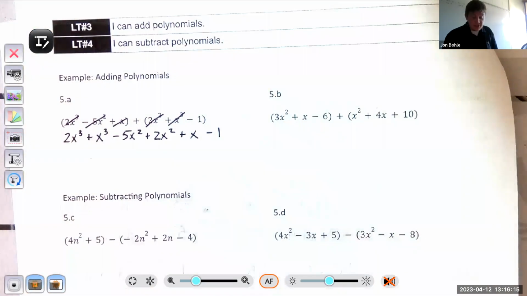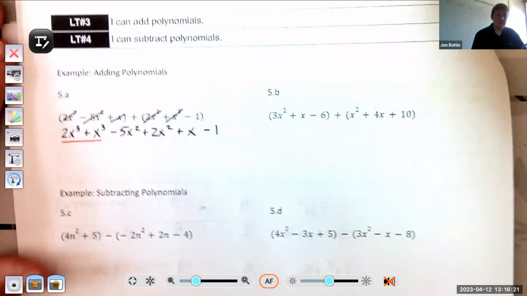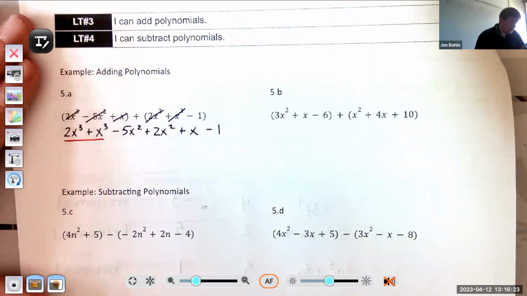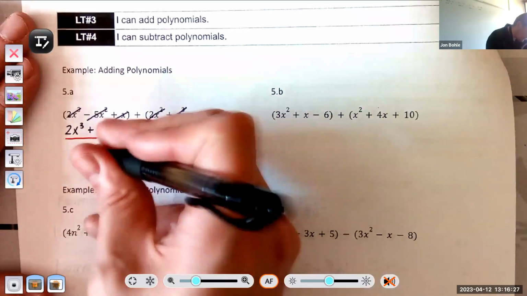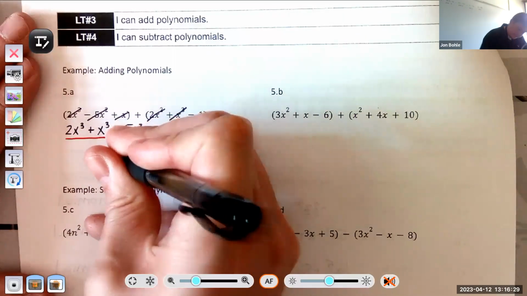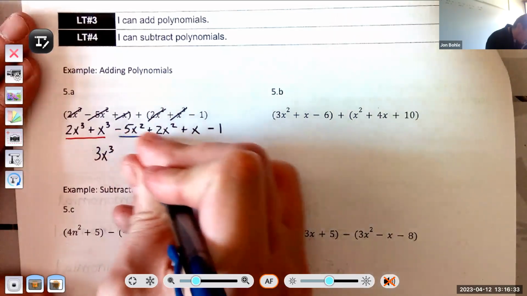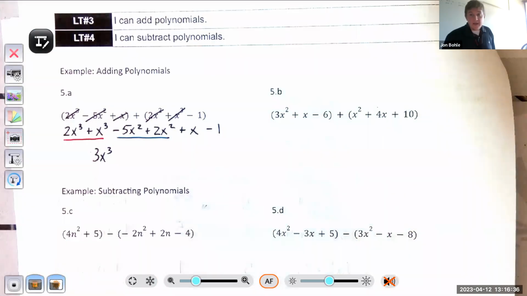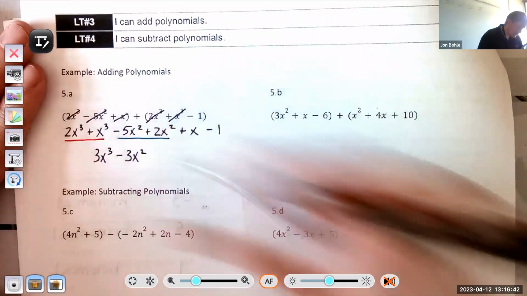Then I'm going to start combining the parts that can combine together. For example, 2x cubed plus 1x cubed would be 3x cubed. Negative 5x squared and plus 2x squared: negative 5 plus 2 would be -3, so this is negative 3x squared.